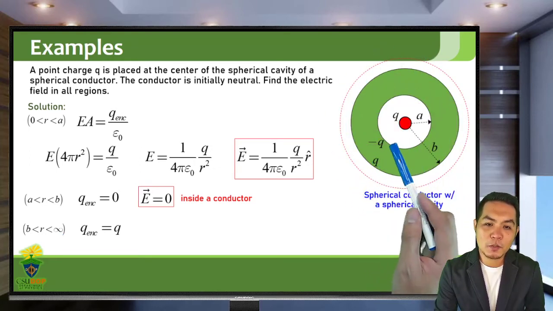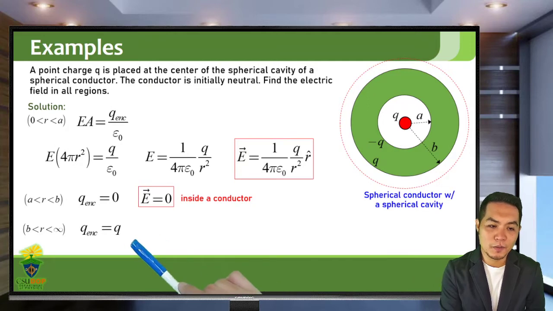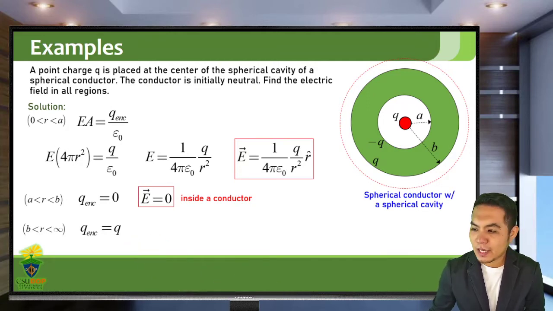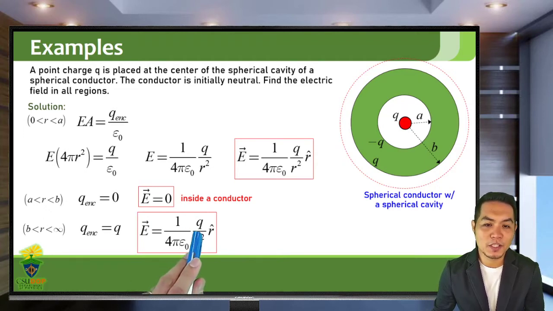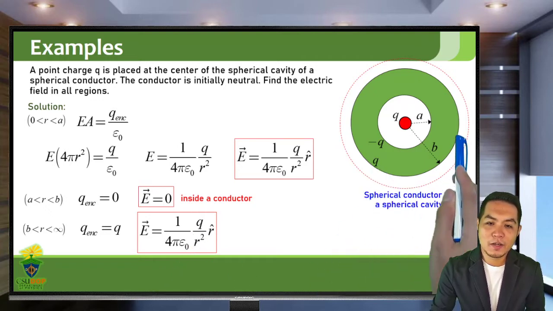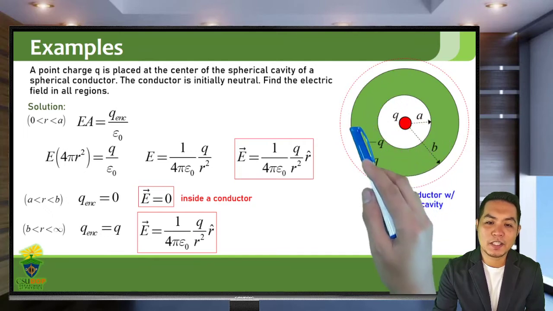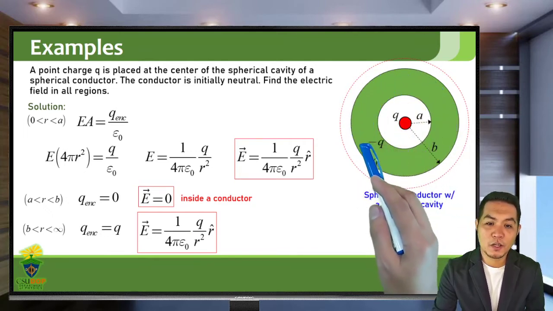The total charge will be Q plus negative Q plus Q, and that will give you Q. So the electric field outside will just look like the electric field of a point charge. But this is not actually a point charge Q here. This Q is the charge of a surface, a surface charge distribution Q.